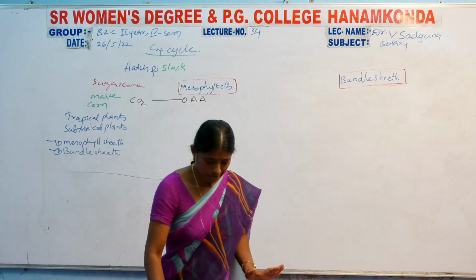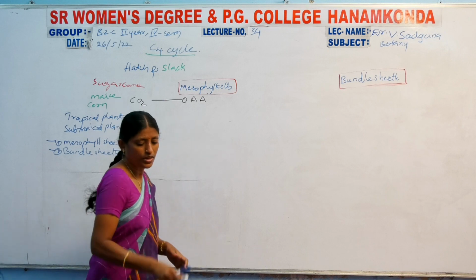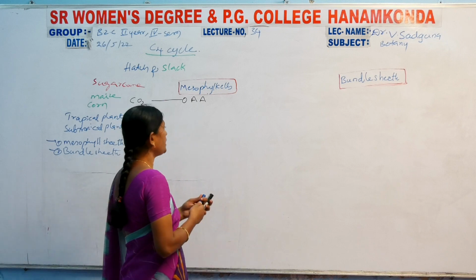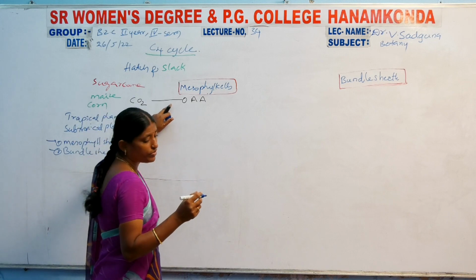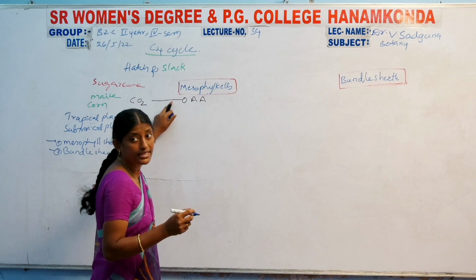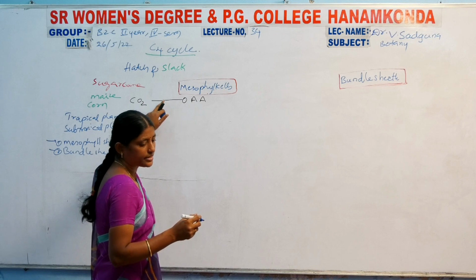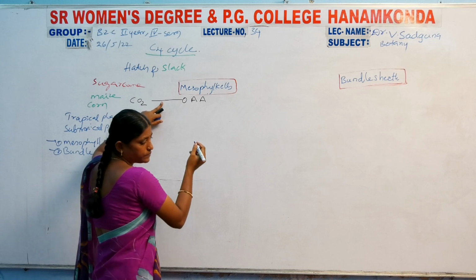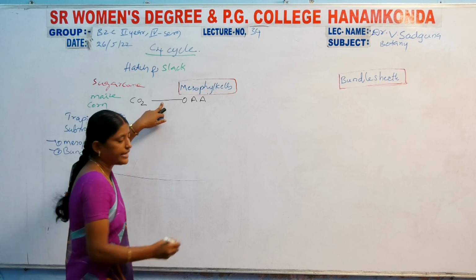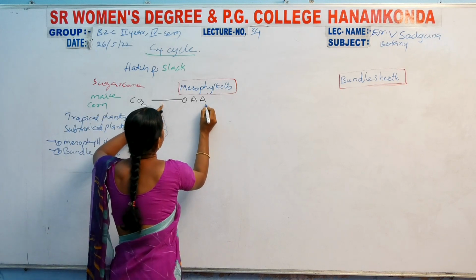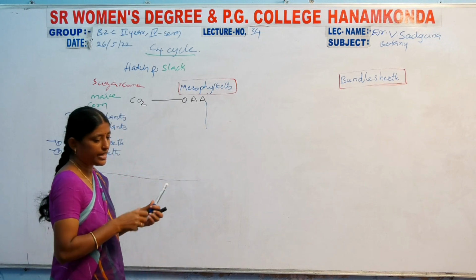Oxaloacetic acid, OAA, is given to the bundle sheath from the mesophyll cells. Oxaloacetic acid is converted into malic acid.